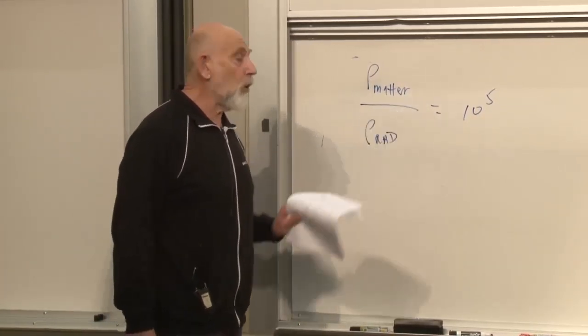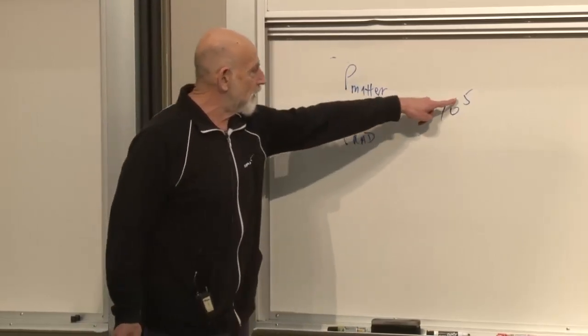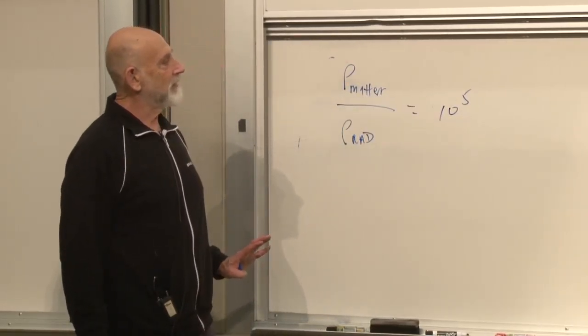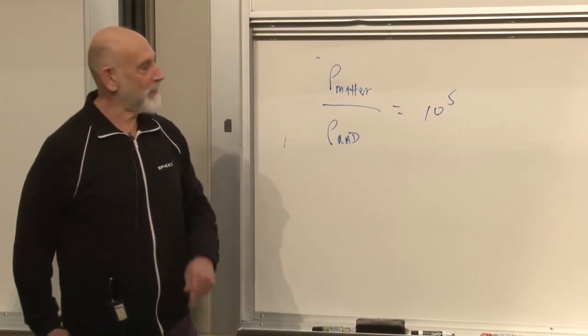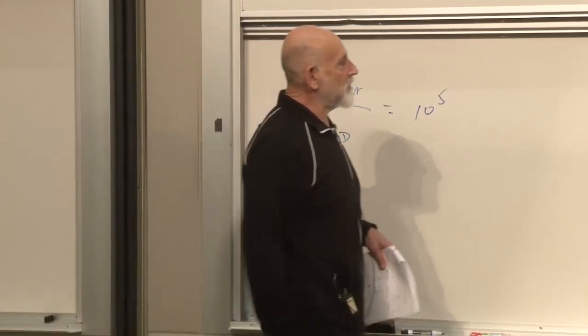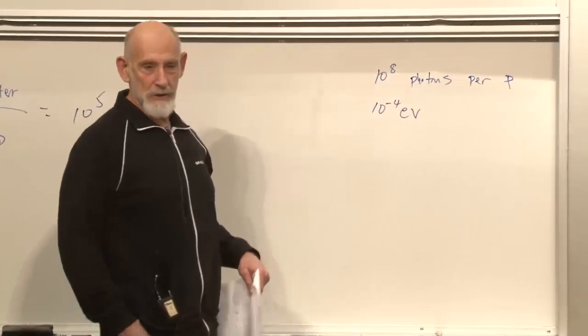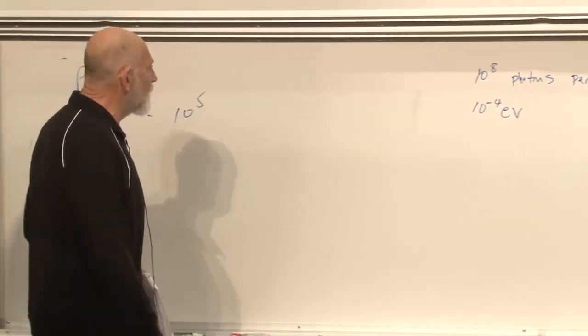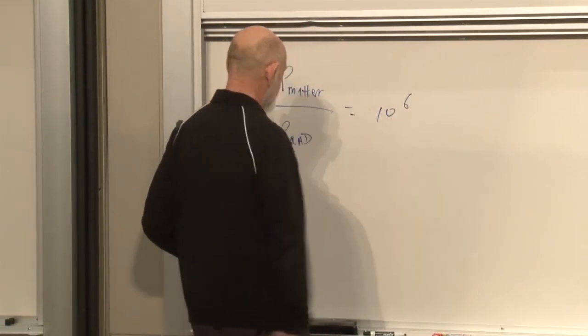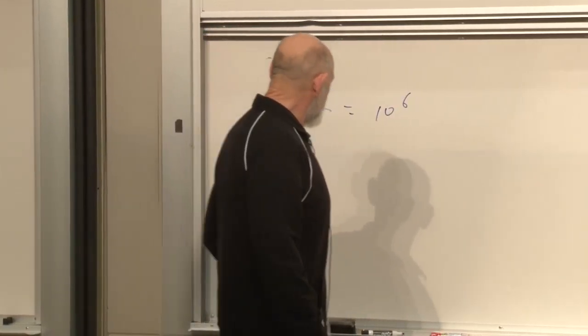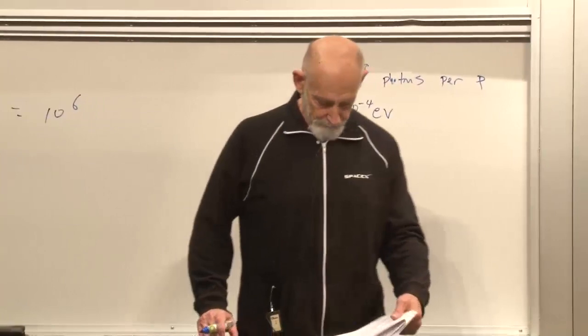How far back? Oh, this is incorrect. I made a mistake. I forgot about dark matter. Dark matter has about 10 times as much mass as the ordinary luminous matter, protons, so this actually becomes 10 to the 6th, the ratio of rho matter to rho radiation.